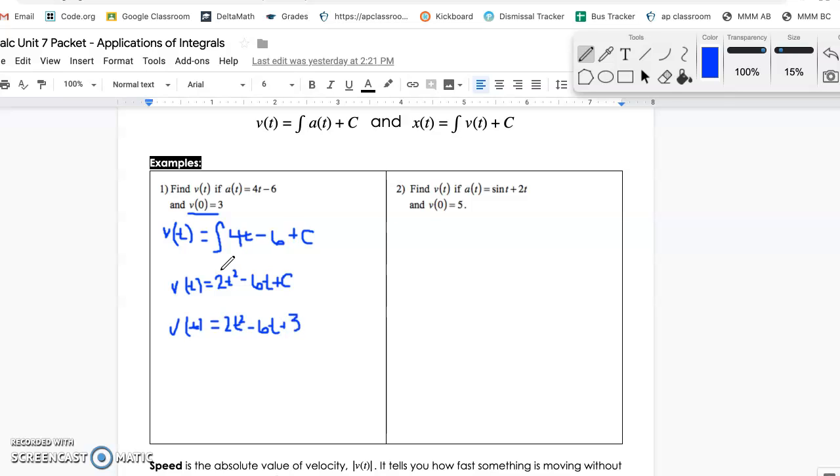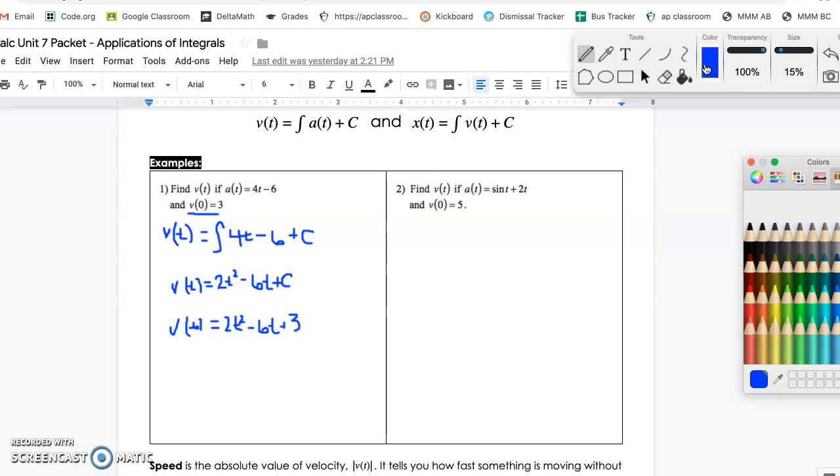And again, how you could do that is you could plug in the 0, and you're saying 3 equals 2 times 0 squared minus 6 times 0 plus c. But both of these are 0, they just drop out, and c equals 3.